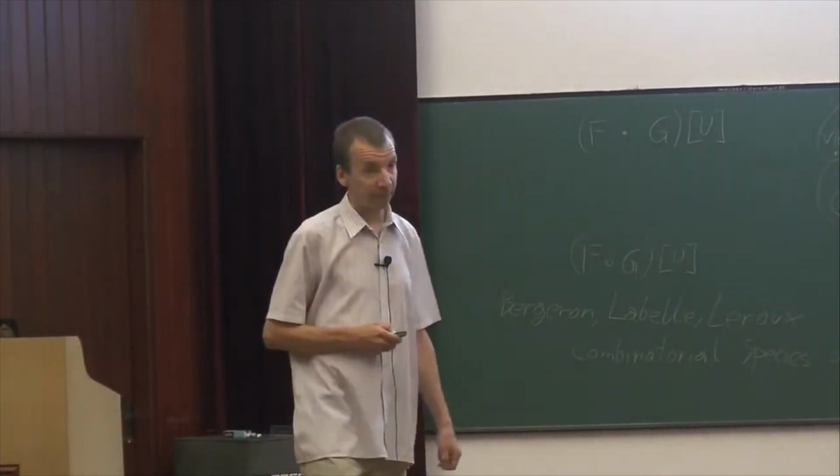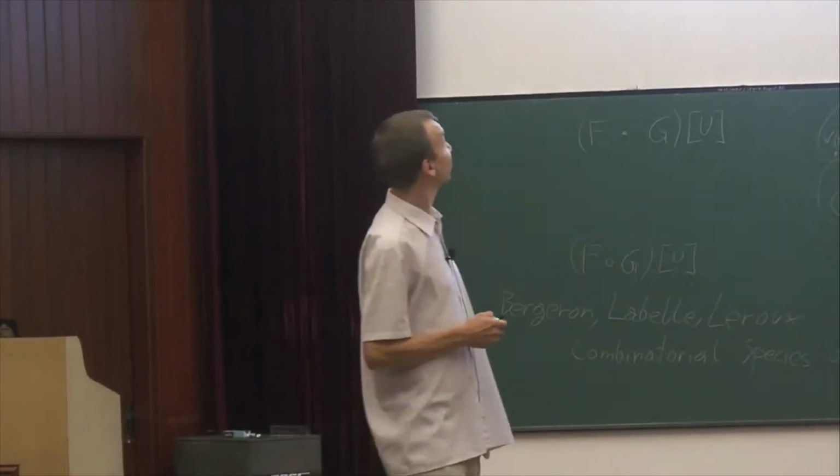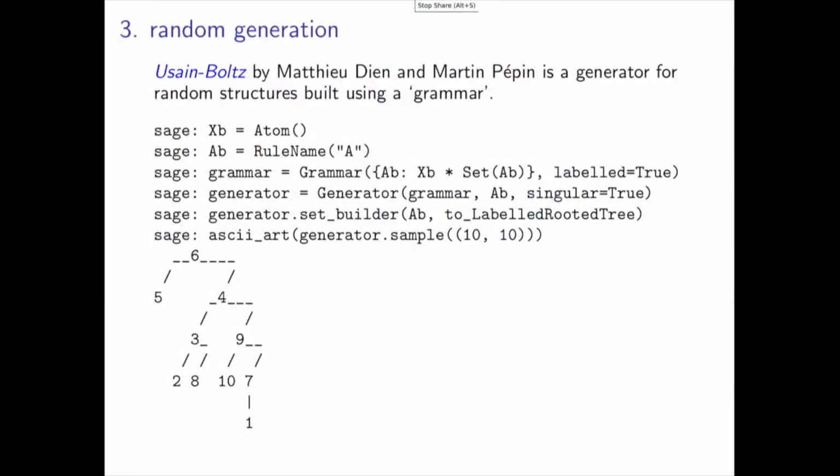Okay, third project. There's an extremely nice generator for random structures. So if you have lots of structures, you would like to produce one of them uniformly at random, just to see how it looks like. How does a random tree look like?